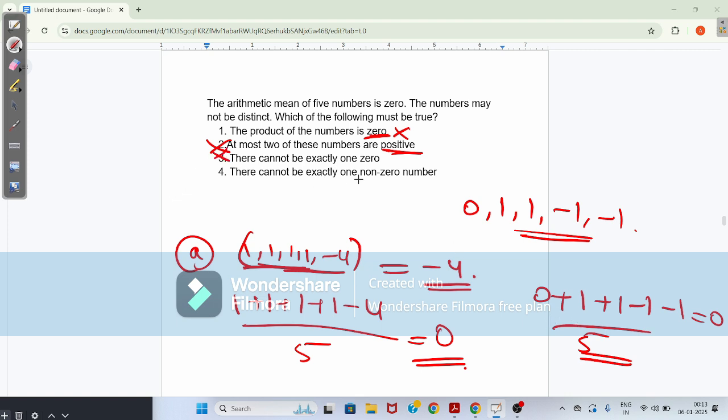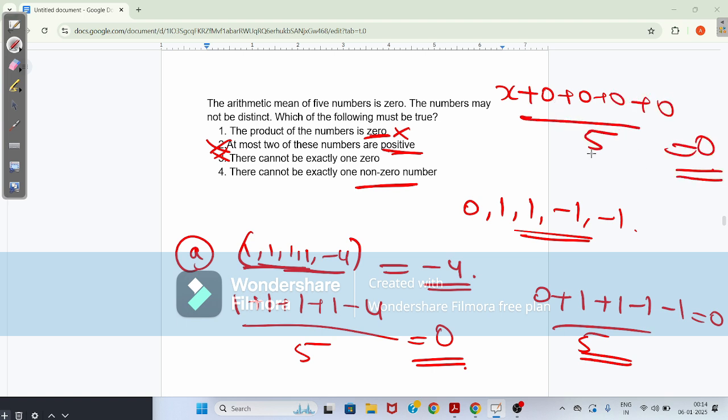There cannot be exactly one non-zero number. Yes, exactly one non-zero number means x plus 0 plus 0 plus 0 plus 0, divided by 5.